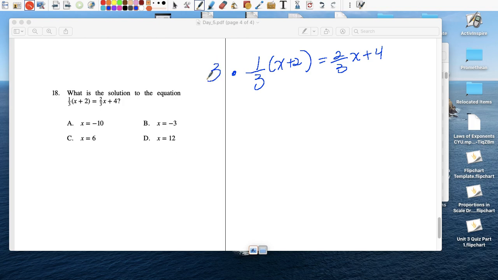If I multiply this side by 3, I have to put the other side in parentheses and multiply that by 3. Let's see if I can, instead of doing that, not complicate things.